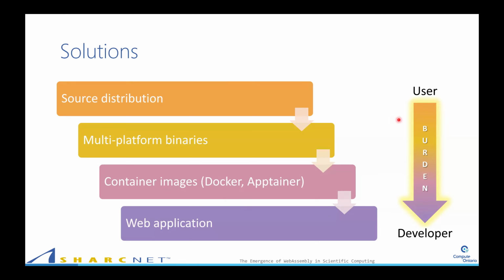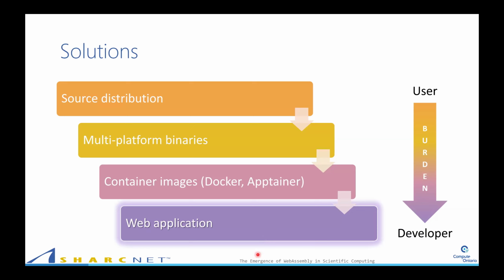As you go down the list, the burden is transferred from the user to the developer. So for example, in case of source distribution, the user is responsible for finding a system to run the software in addition to compilation and installation. But for the web app, no build or installation is needed, and the app also runs on the server.